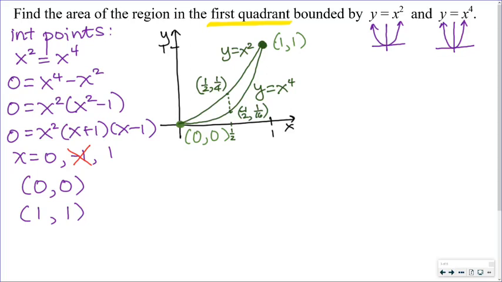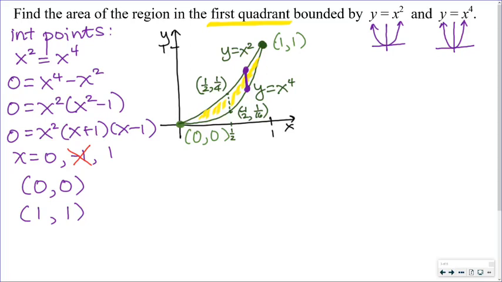So now remember, my shaded region is here, and my slice is here. There's a slice. And my slice, how thick is my slice? Think of the rectangles from Riemann sums. That's dx thick. That is really, really, really skinny. It's a tiny, tiny, tiny little bit of x thick.